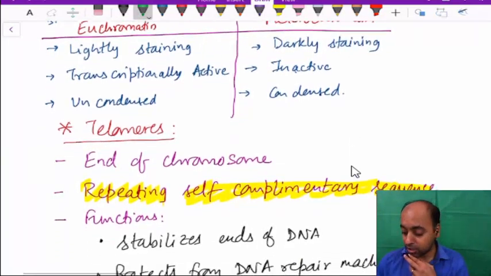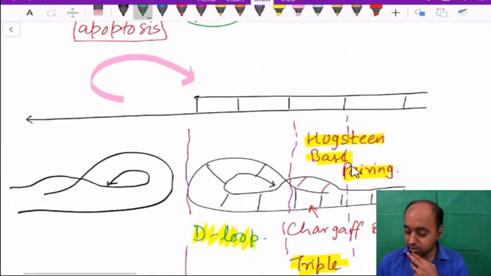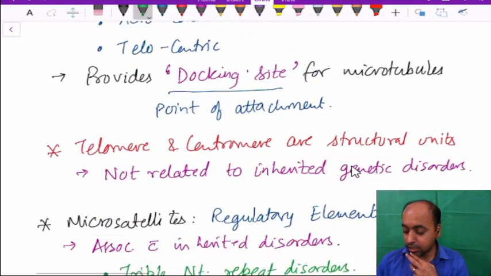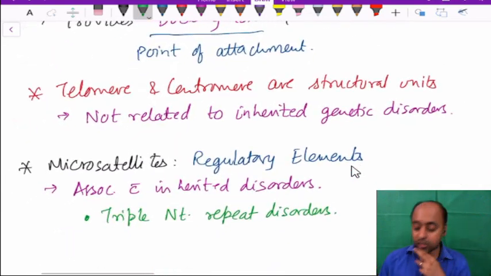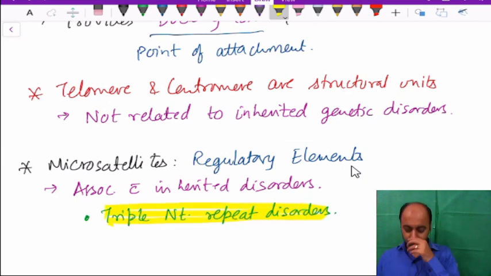Then I talked about the telomeres, and then I mentioned the details of the centromere. The telomere and centromere are not associated with inherited genetic disorders, whereas microsatellites, because of their regulatory function, may be associated with inherited disorders. The classical example being the triple nucleotide repeat disorders. So this covers the nuclear DNA.